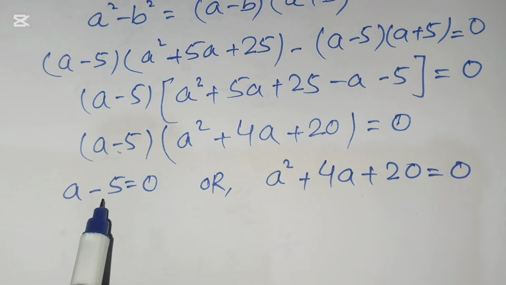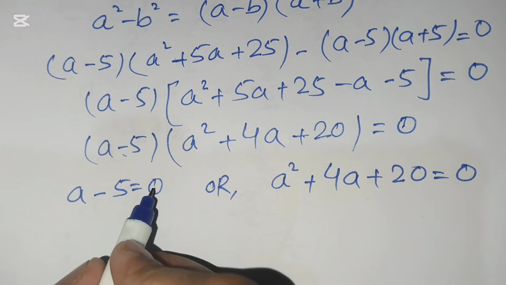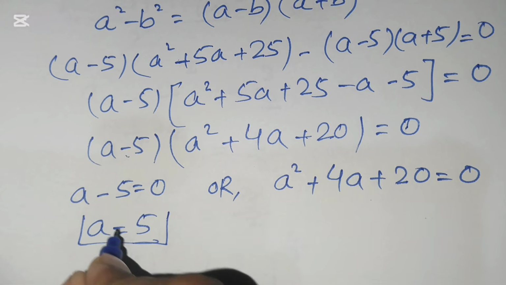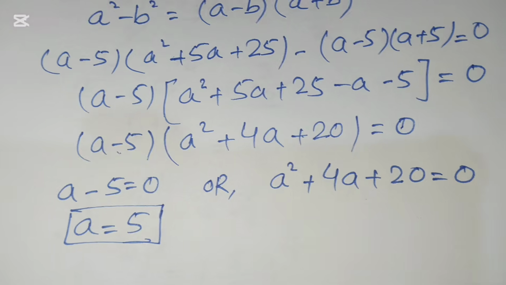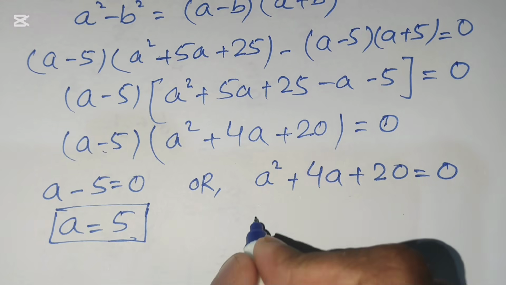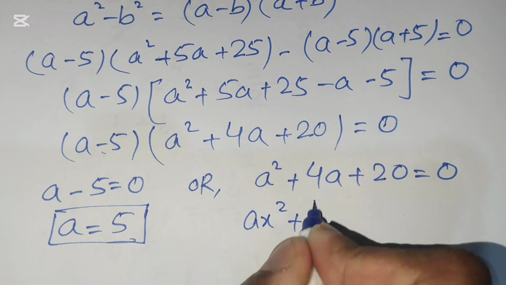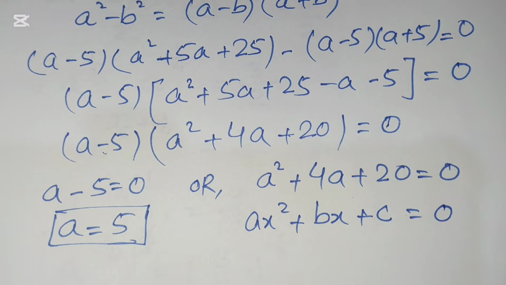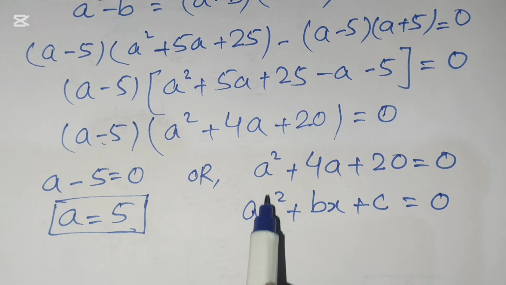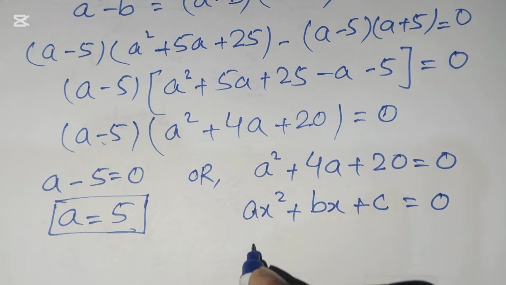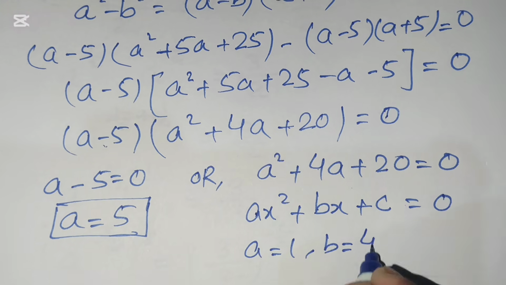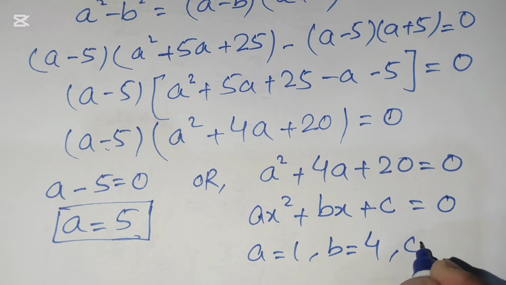First we will deal with this case. Adding 5 on both sides, we get the first value of A, which is 5. Now this is the quadratic equation ax square plus bx plus c is equal to 0. Coefficient of x square is 1, so a is 1, b is 4, and what is c? c is 20.